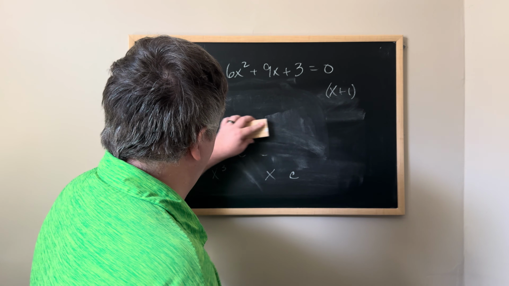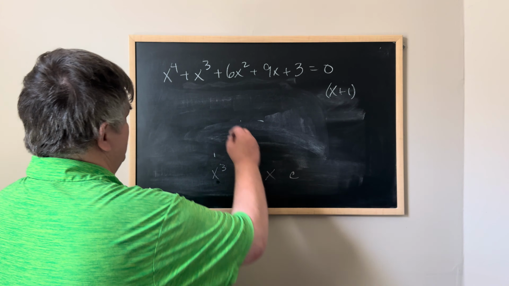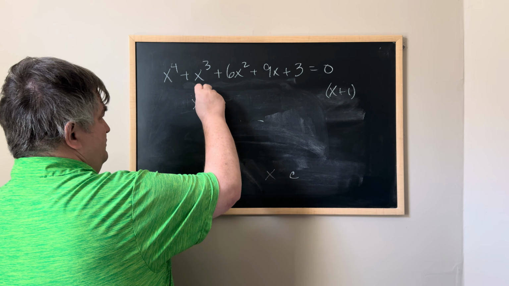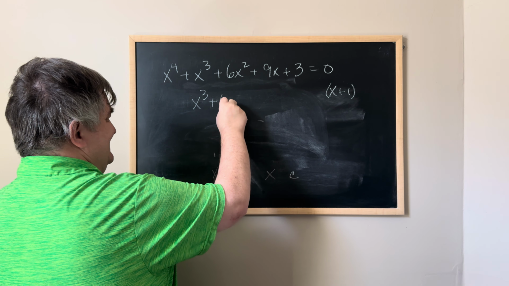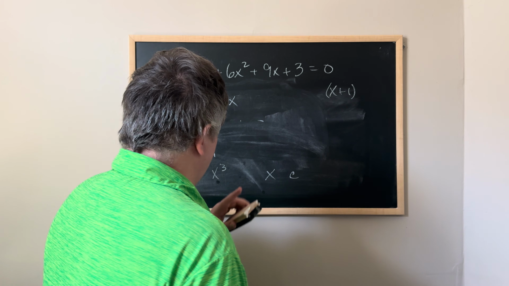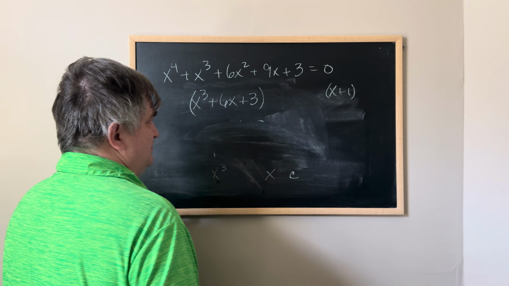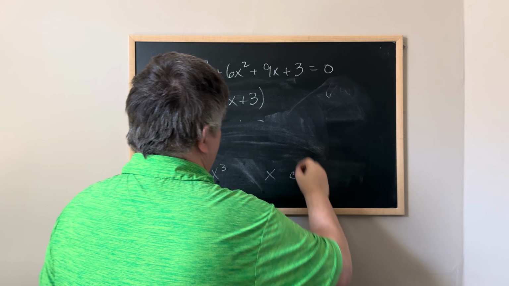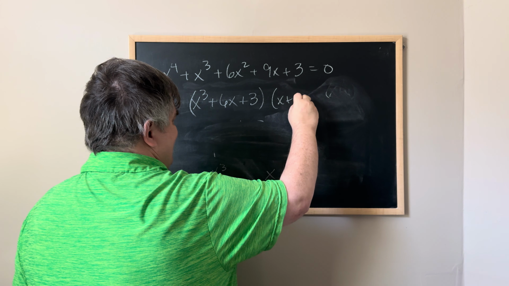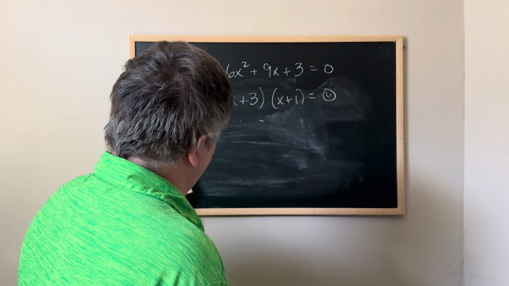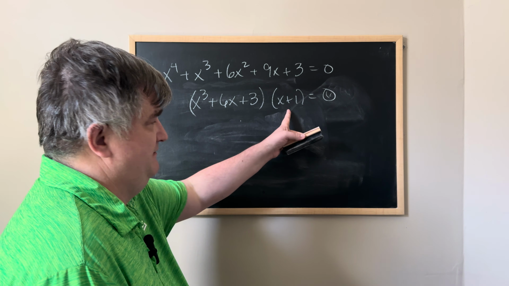We know x plus 1 is a factor, and so now I have x cubed plus 6x plus 3 as the other factor. And the other factor, we're just going to move it on over, make it nice and neat, is 0. So we know this exists.